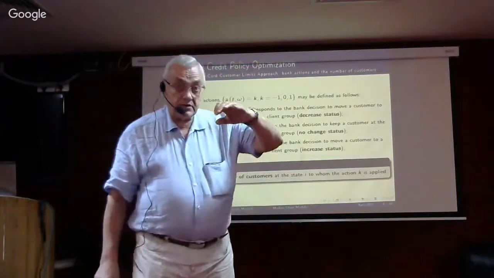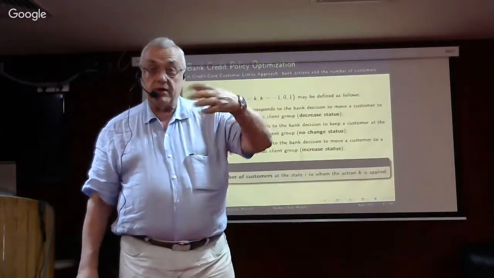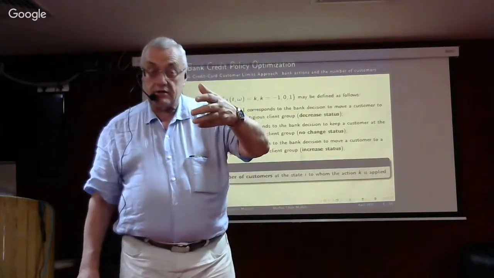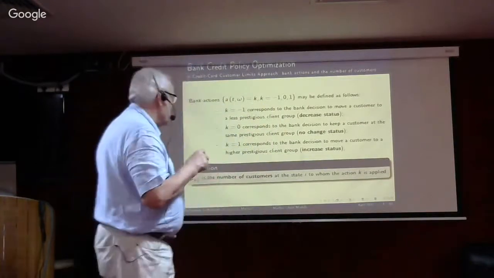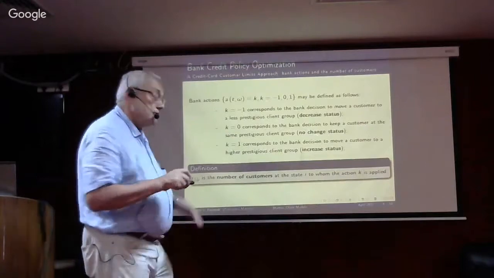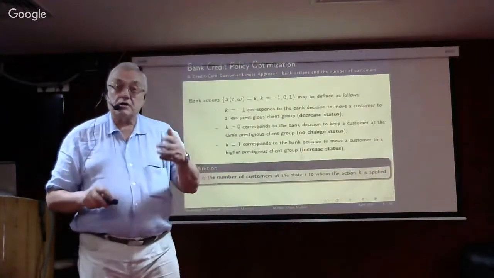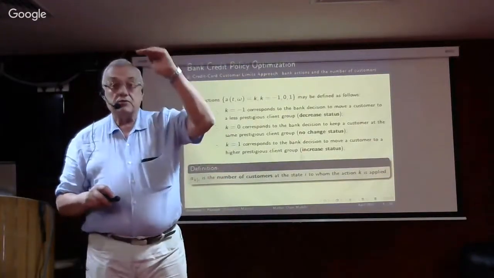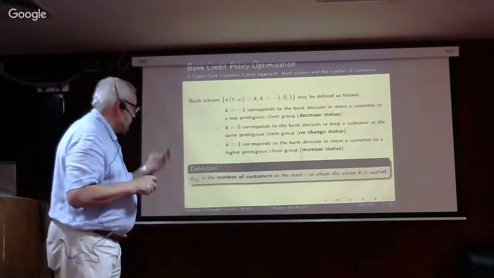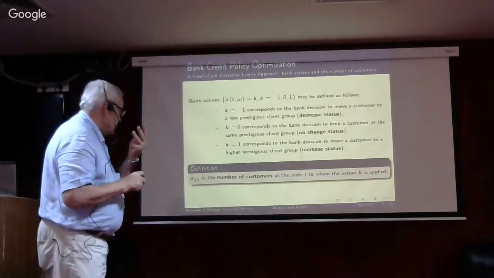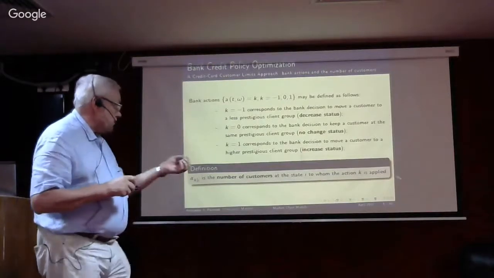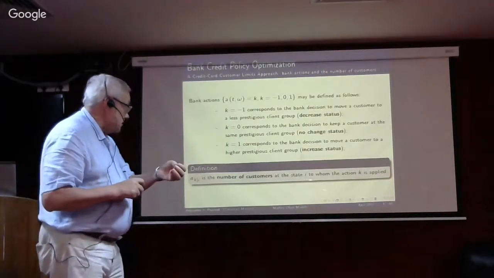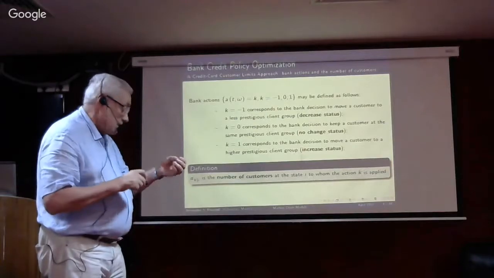If history shows that some person doesn't return credit on time, we decrease his status, it's -1. If all okay, no change of status. If it's a good customer, we can improve his status. So we have only 3 controls, 3 actions. And alpha is the number of customers in each state which use this action K.